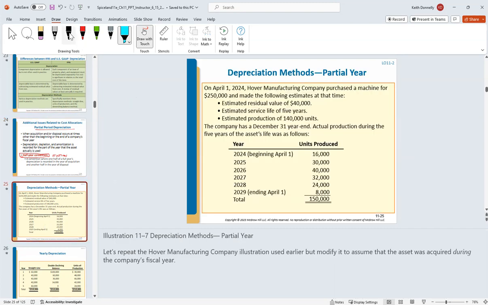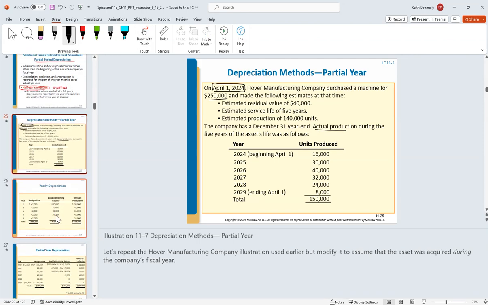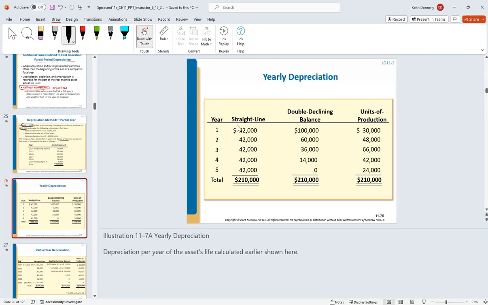So they have an example. They're showing us some information on April 1st, 2024. They bought that machine for $250. Similar fact set. They have the actual production. They go through here with straight line, declining balance, units of production. We saw all this stuff, good stuff.